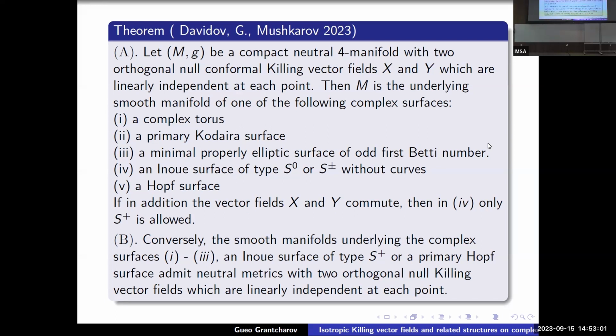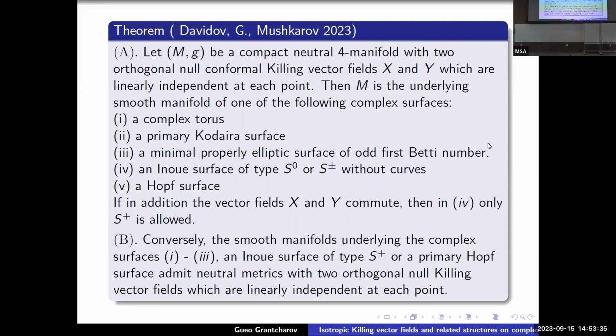And these are pretty much the list of possible complex surfaces with vanishing first Chern class minus the K. And as you see, only the complex topology here actually is a Kodaira surface. And I mentioned the primary. So properly elliptic, the terminology, this is the nuance from before.